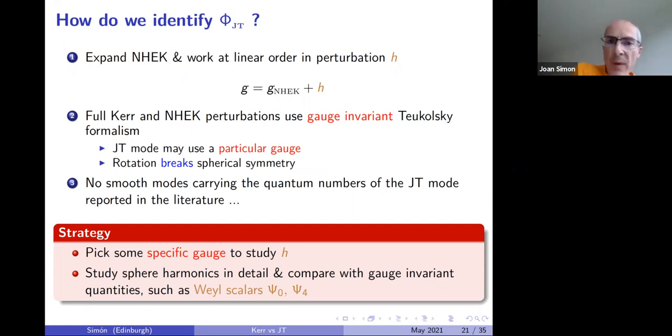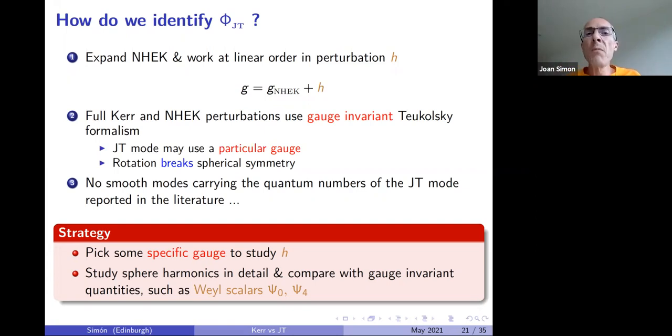Now, as I stressed very early on, and for those that may have considered or studied these problems in the past, it's a huge success in physics, in my opinion, that the community many years ago was able to derive a full gauge invariant treatment of linear perturbations in full Kerr. It doesn't have to be extremal. This was extended to NHEK perturbations, in fact. But it's great to have this formalism, and it's gauge invariant, which is a great thing, meaning that you can use whatever coordinate systems you want.